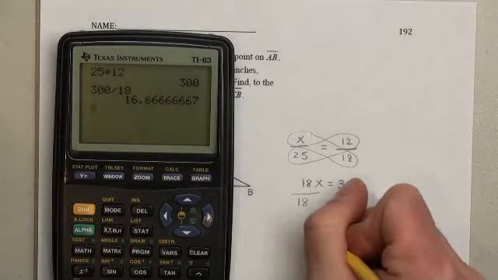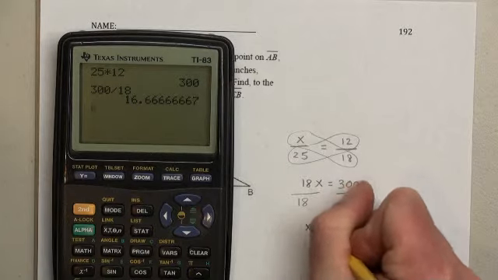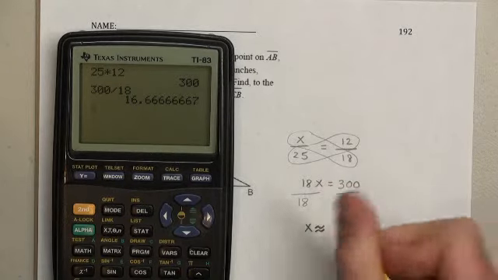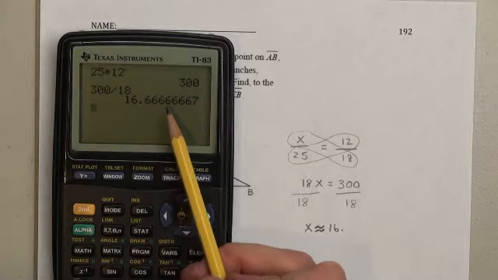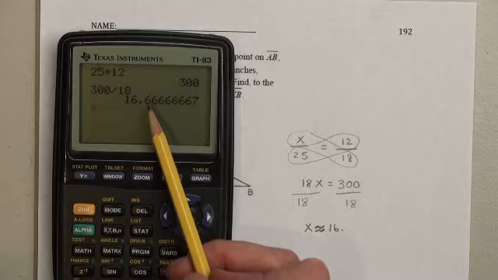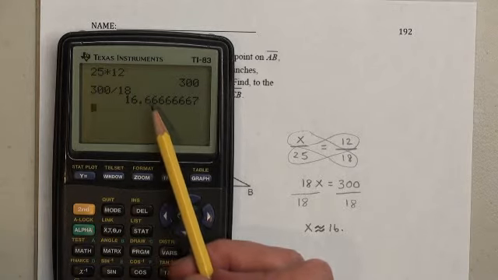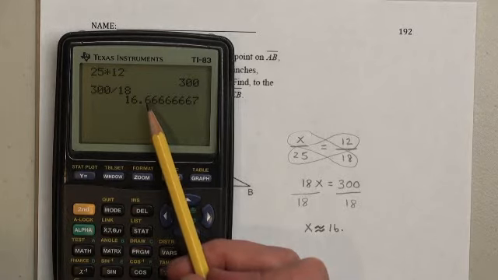x is approximately, because I'm rounding, so I have to change my equal sign to approximately 16.66666, but I'm going to the tenth, so that first number after the decimal is a 6, that's the tenths place. Since I'm rounding to that place, I have to look to the number after it to decide whether I leave it as a 6 or raise it to a 7.